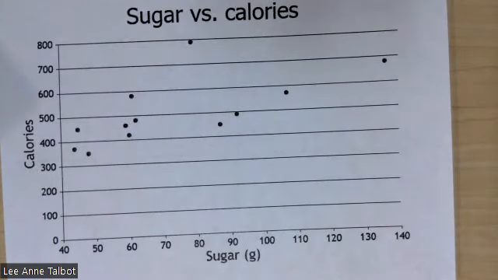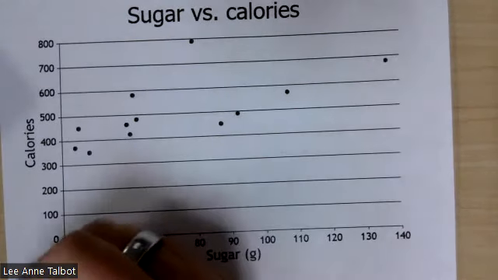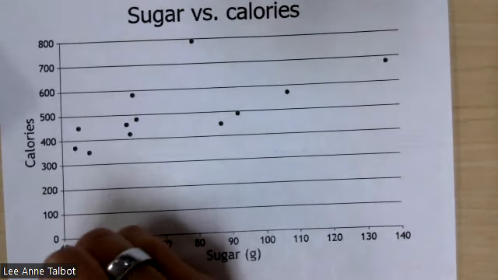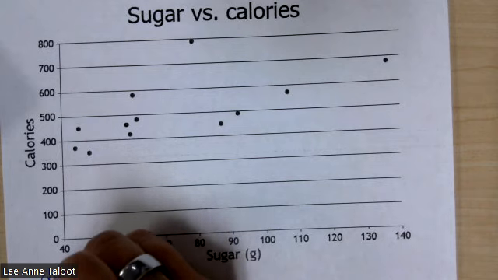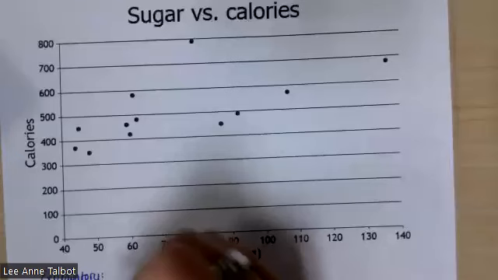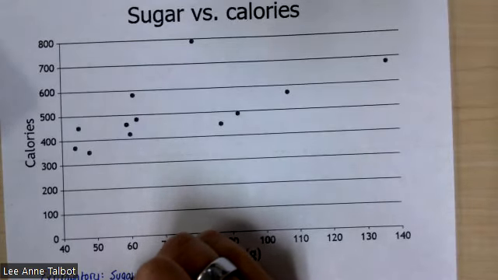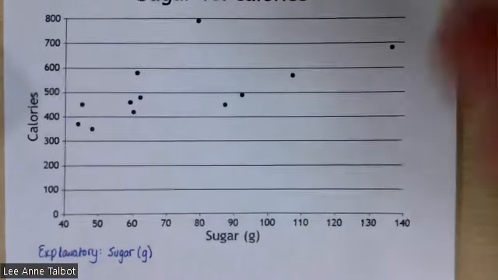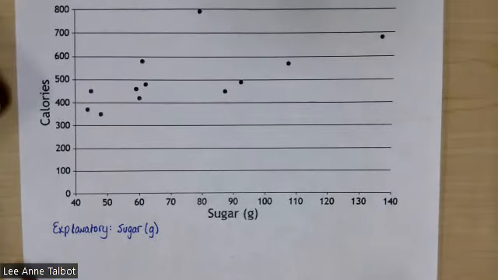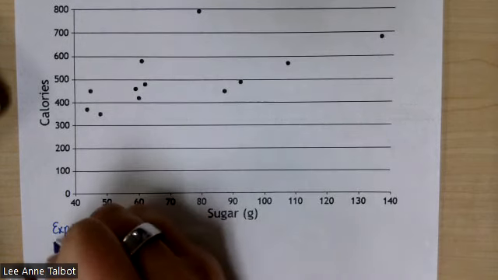Okay, first, what was the very first thing we learned in the chapter? Explanatory and response. What is the explanatory variable? Grams. You can tell because it's on the x, and explanatory has an x in it.